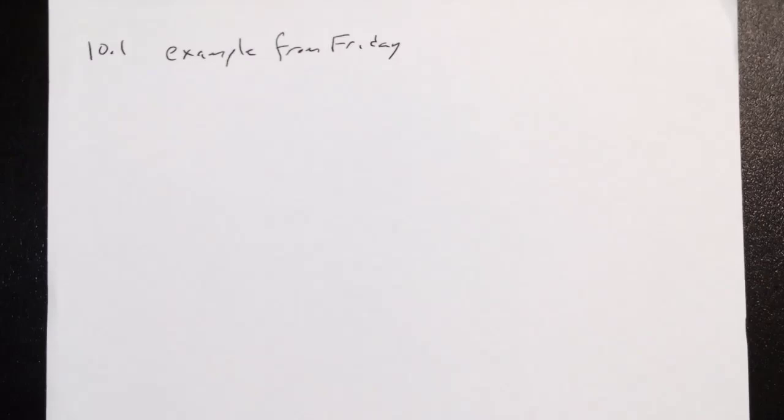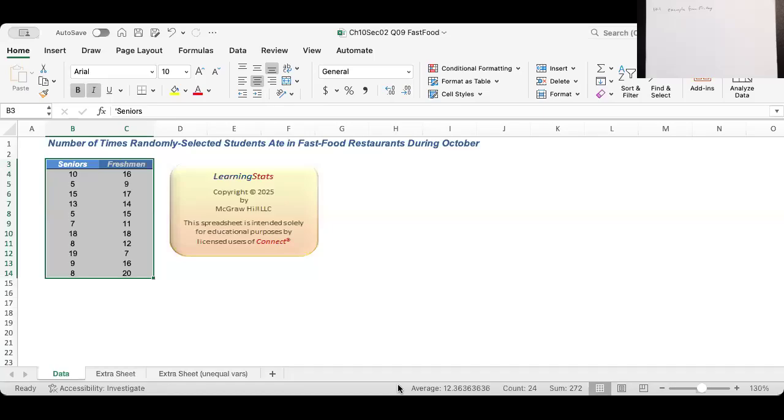I want to do another one. So here is problem 9 on page 375. For a marketing class term project, Bob is investigating whether college seniors eat less frequently in fast food chains than the freshmen. He asks 11 freshmen and 11 seniors to keep track of how many times they ate at a fast food restaurant during October.